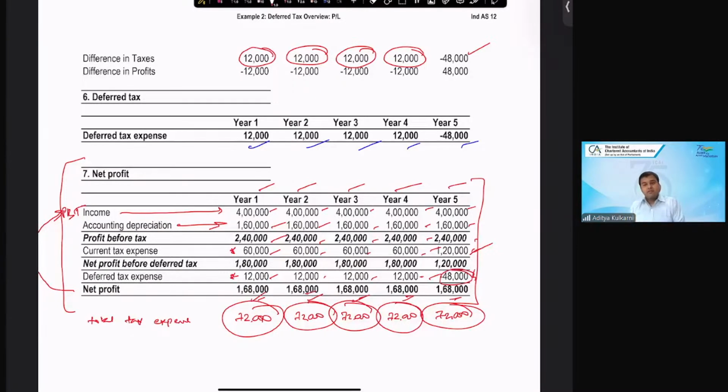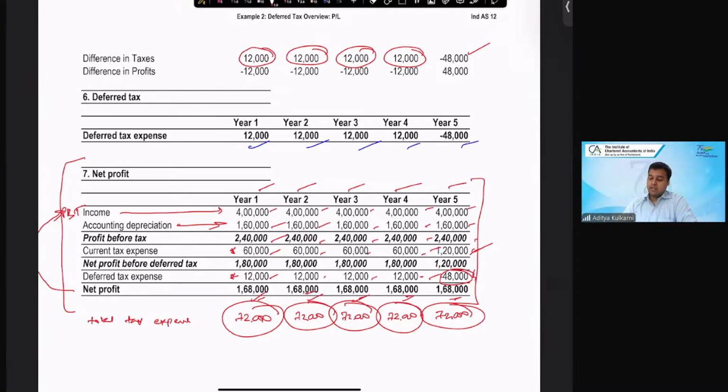Deferred tax effectively works on matching your liability to the profits that you are generating. It is effectively matching your expenses or tax cost to the profit that you are earning as part of the PBT, as part of the financial statements. Is it okay? Yes, sir.